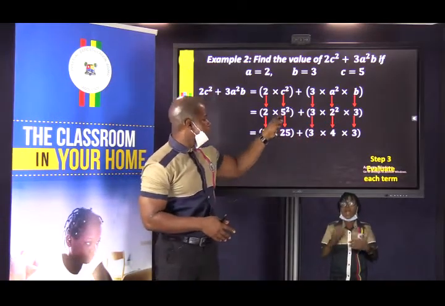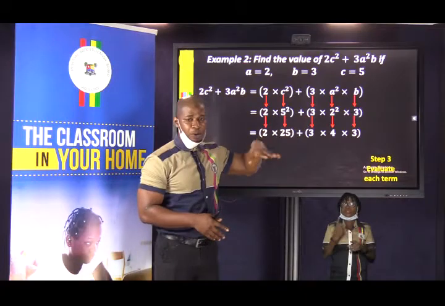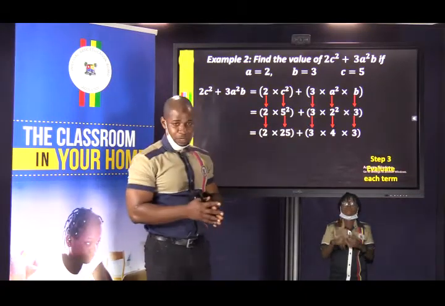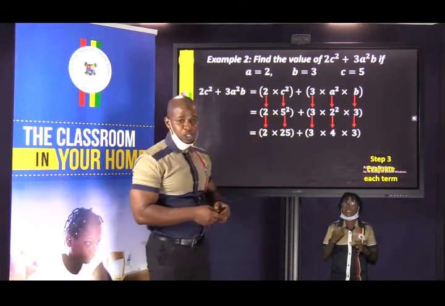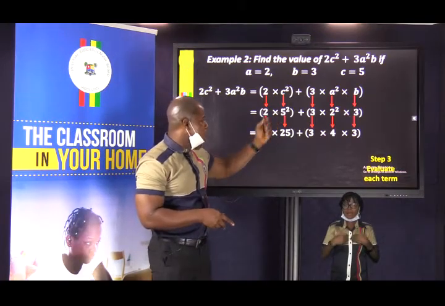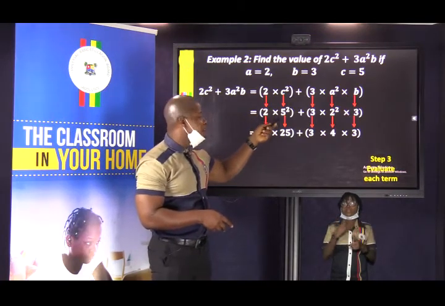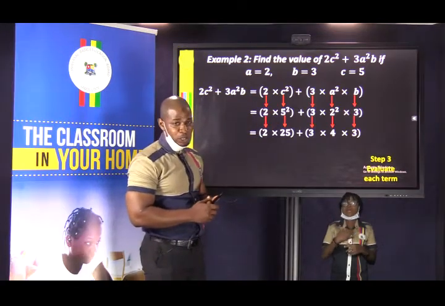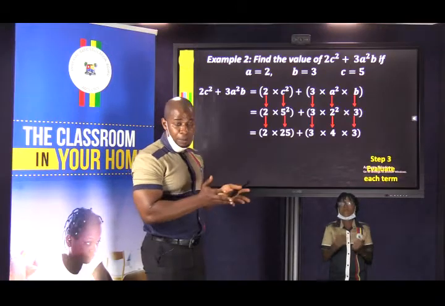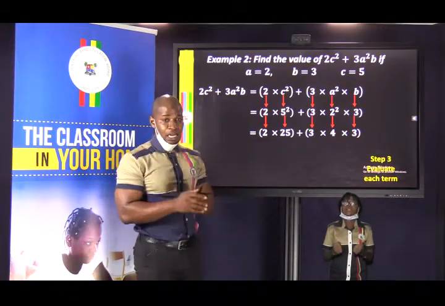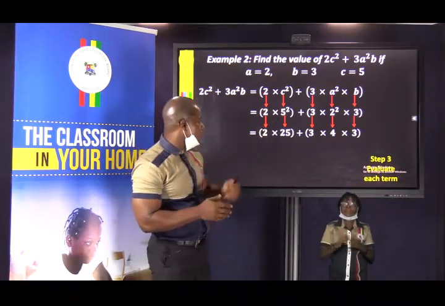I don't just add 5 to 3, no. I have to take each bracket separately. And now in the bracket, I have to do the exponentiation, the one that has the power. I will solve that first. I will not multiply 2 by 5 then find the answer squared. No, I'll first do the one with the power. So the parentheses, then the exponentiation, the one that has the power.